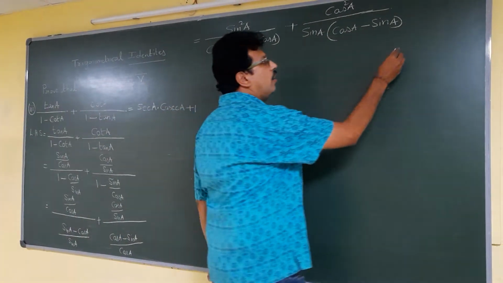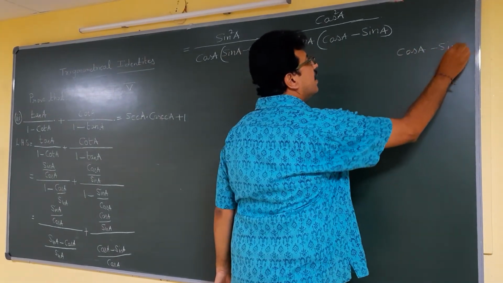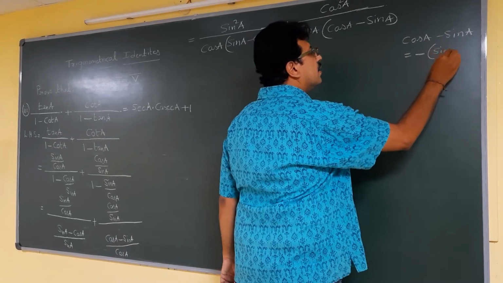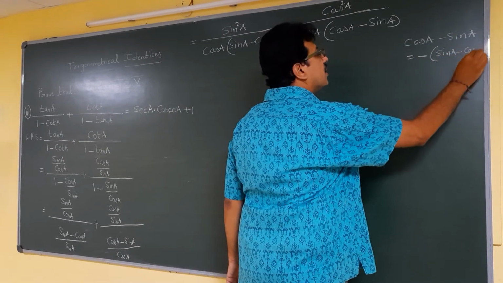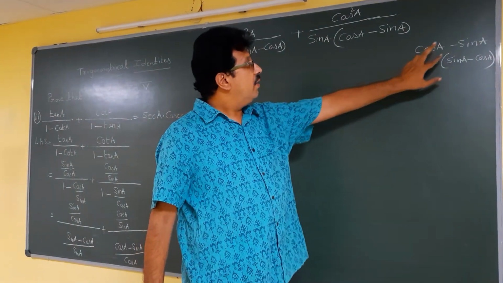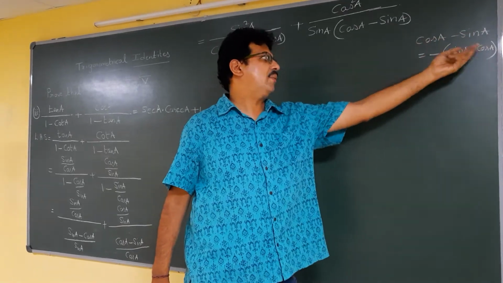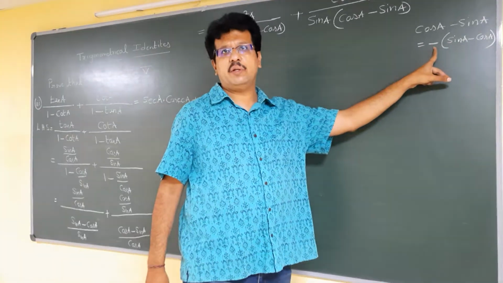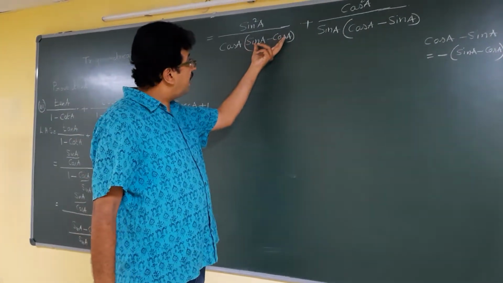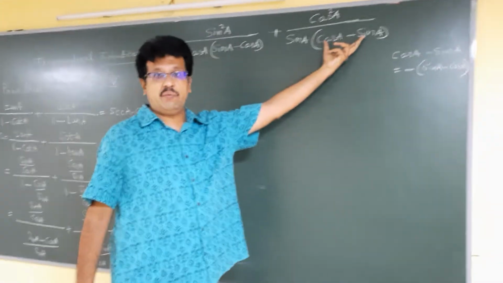We can write cos A minus sin A, and if you take minus common, you can write this as sin A minus cos A. Instead of writing cos A minus sin A, we can write sin A minus cos A, because I have taken minus outside. That is a common term. The reason we do this is that here sin A minus cos A is there, so to make it the same, we do it this way.